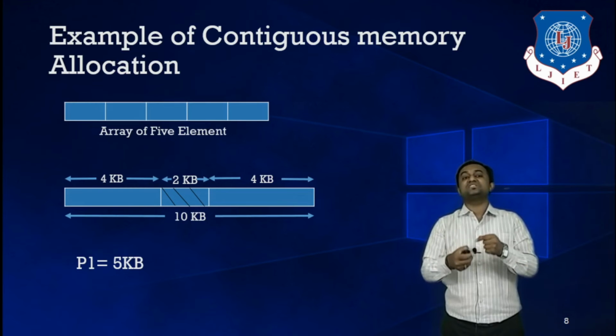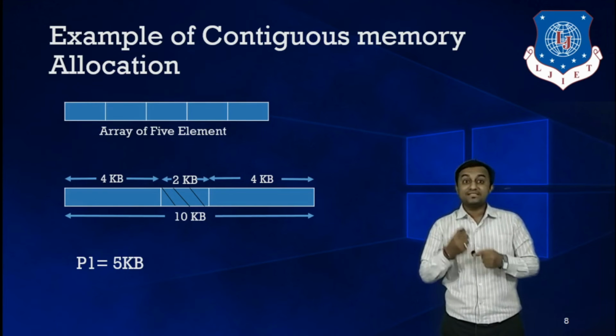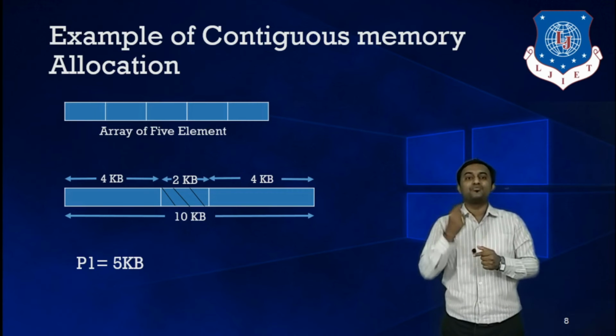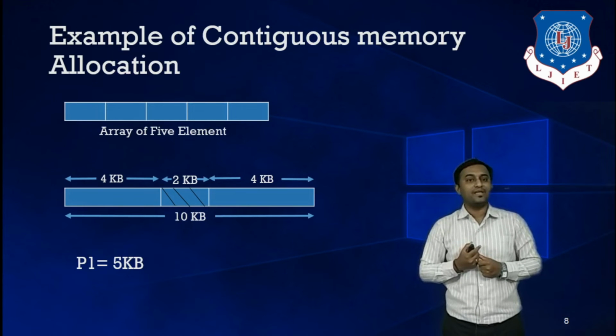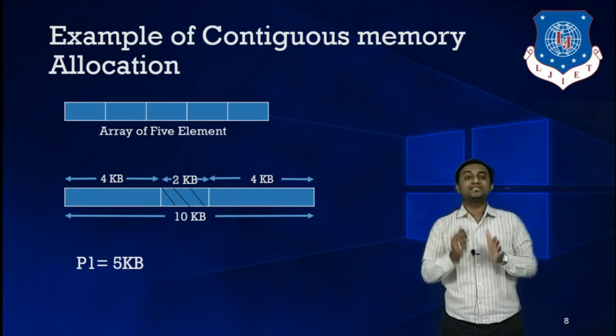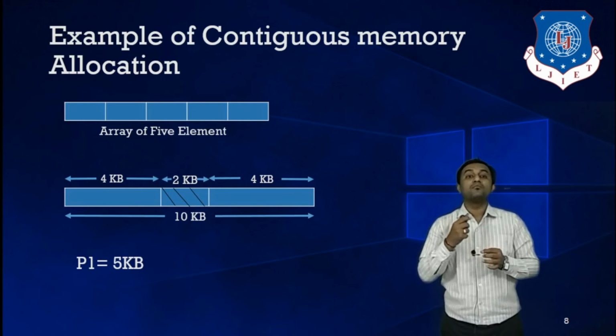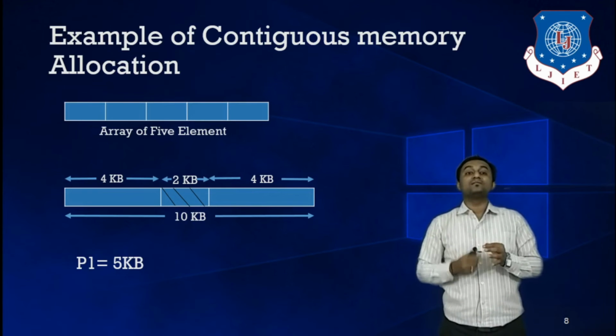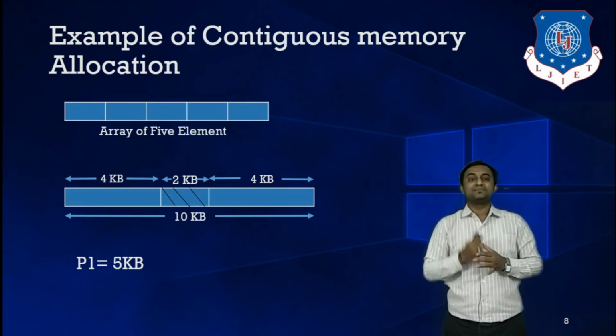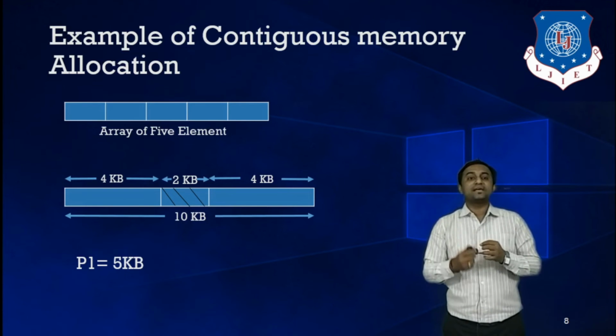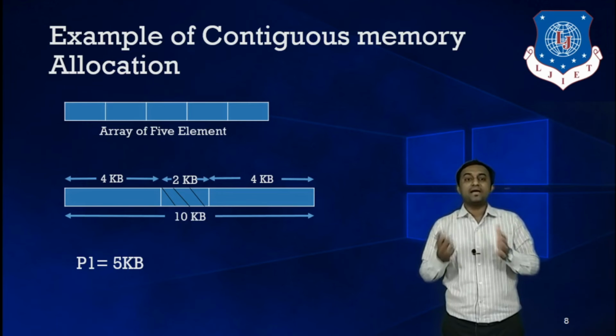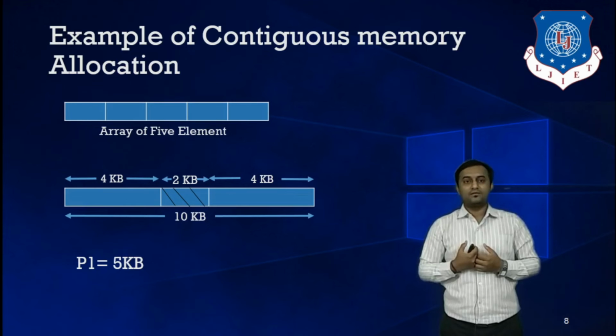The requested size is 5 KB, and what is the total available space in main memory? 4 plus 4 is equal to 8 KB. So even though we have more than the requested size in main memory, the requested size is 5 KB and the available size is 8 KB, you could easily accommodate this process.